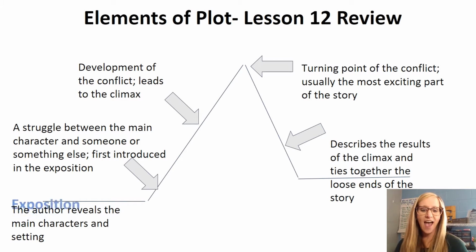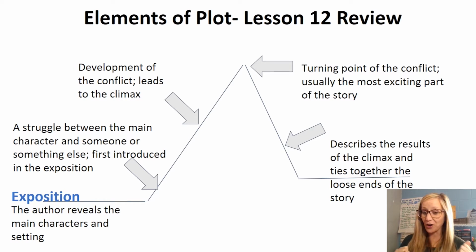Correct. It is exposition. Who knows what word means a struggle between a character and someone or something else? It is first introduced in the exposition as well. It is conflict. Great job.